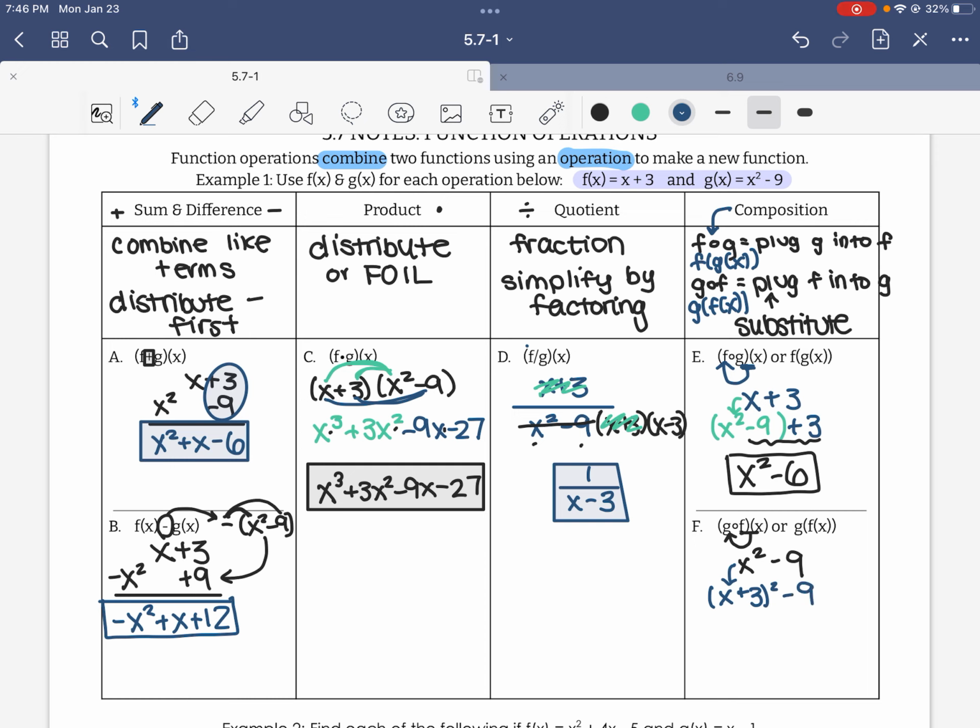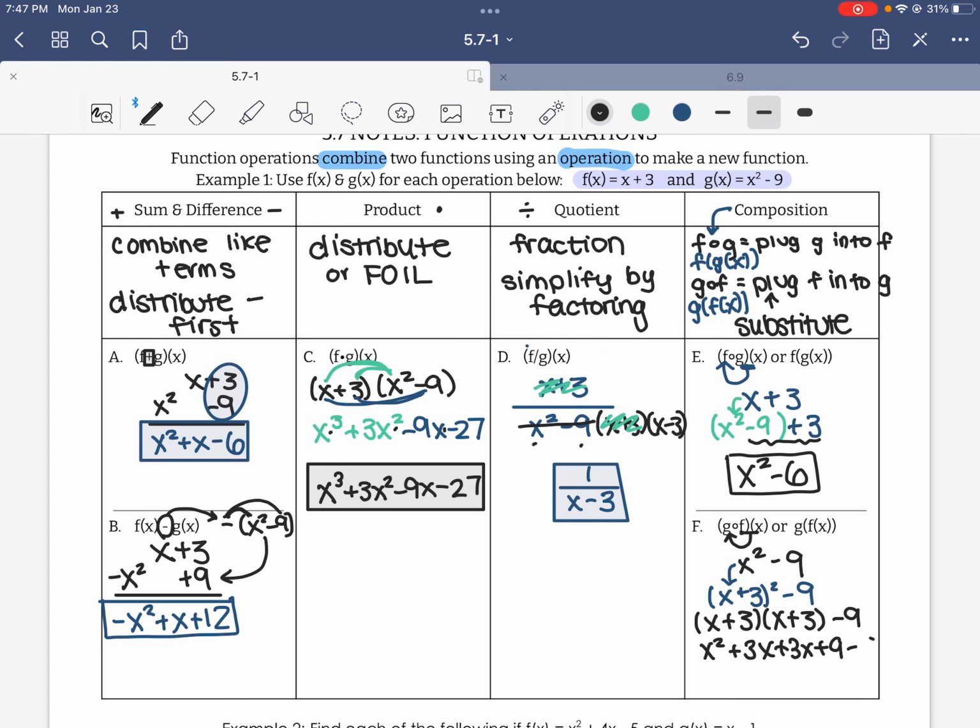So you're starting with g of x and replacing the x with f of x. And then you just have to FOIL this out, because x plus 3 squared is x plus 3 times x plus 3, which is x squared plus 3x plus 3x plus 9.